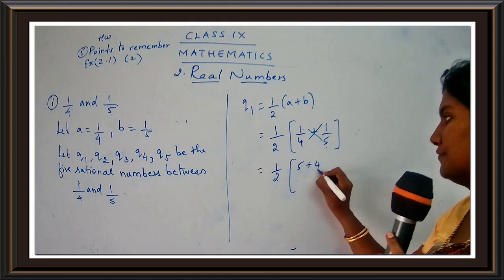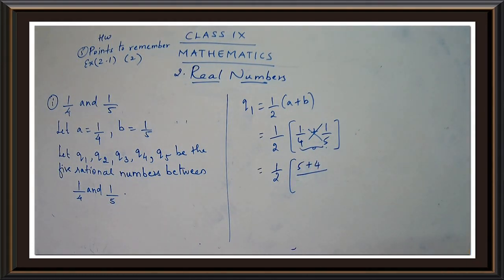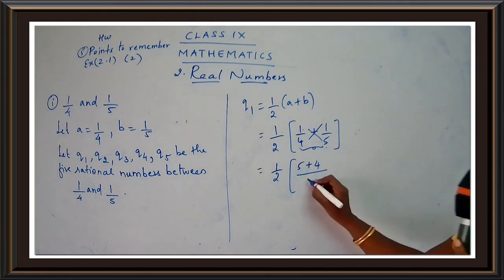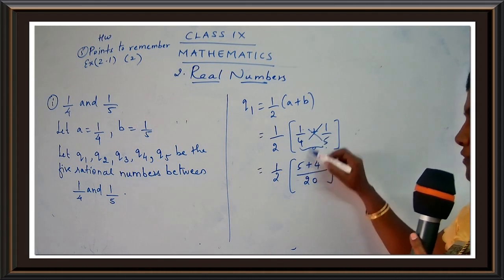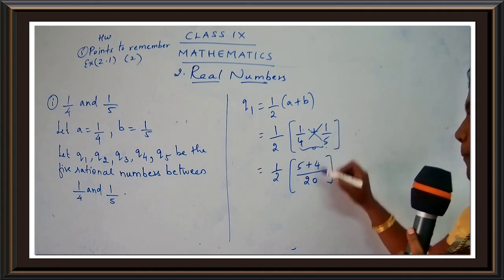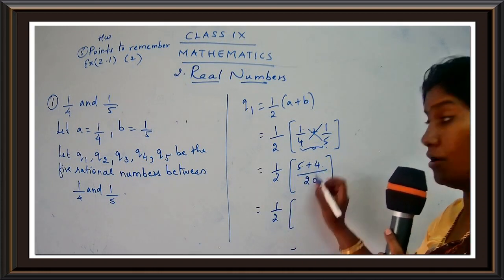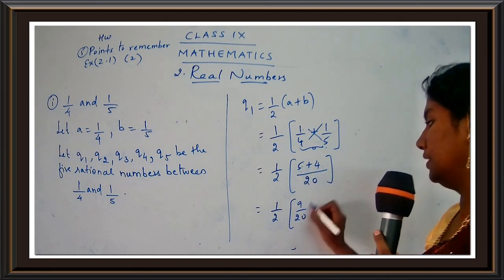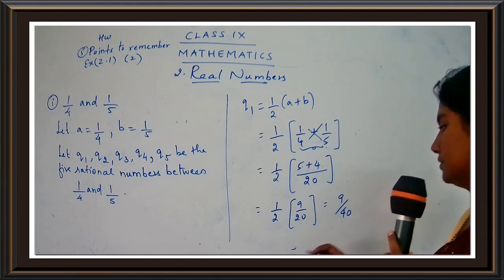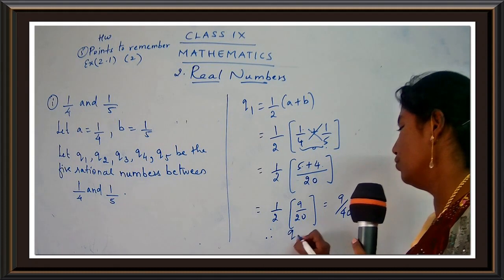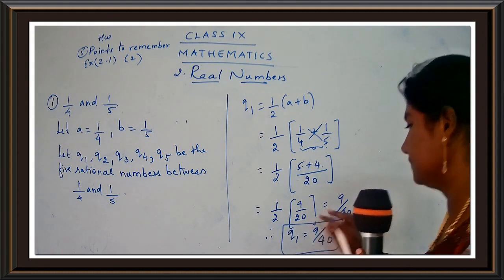So 5 plus 4 upon, you multiply the denominators, 5 into 4, 20. So you get half of 9 upon 20, which is 9 upon 40. Therefore Q1 is equal to 9 upon 40. Write down the first answer.